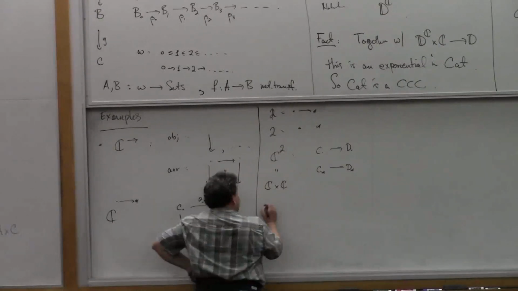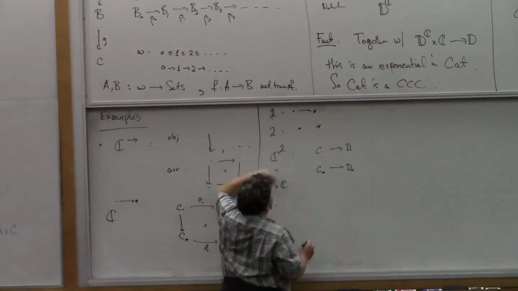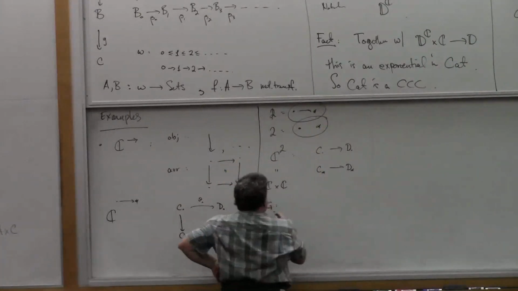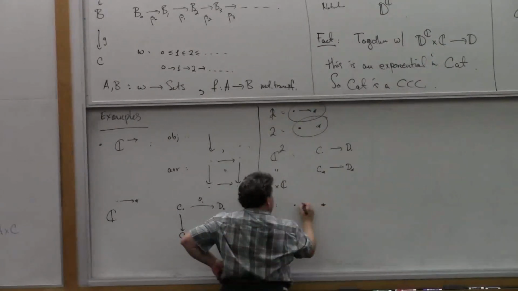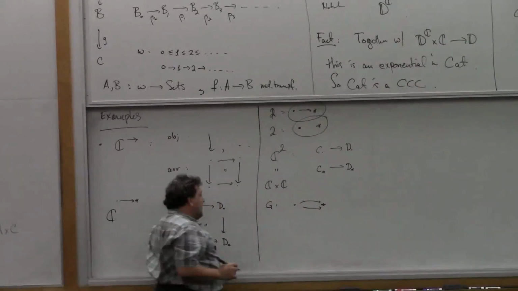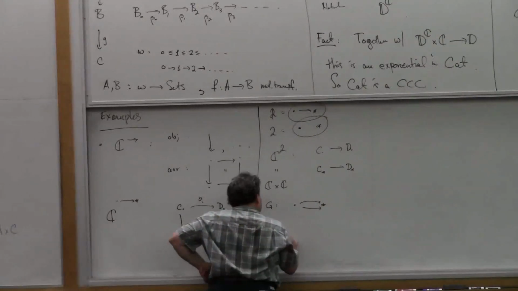How about this one? Let's take as our index category the one that looks like this. It has two objects and two arrows. Then an object of the functor category, let's do it in sets just to be specific.